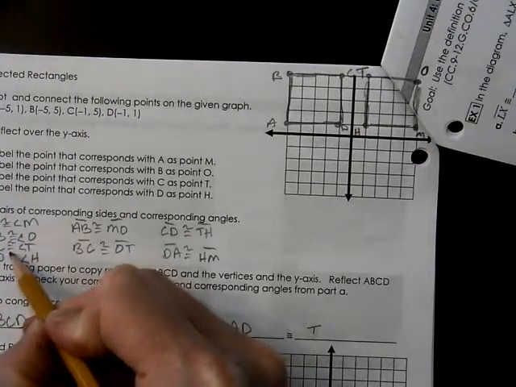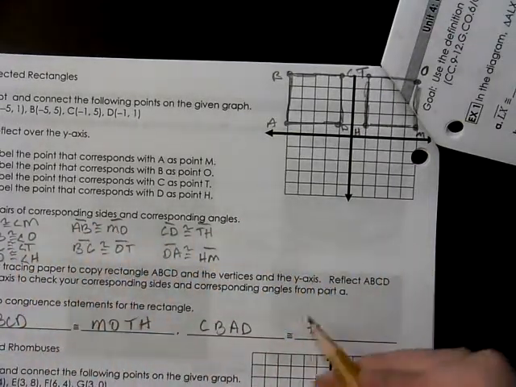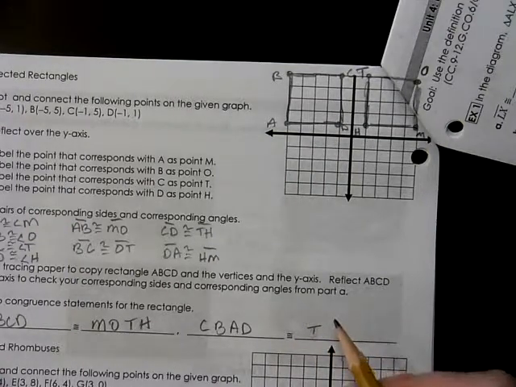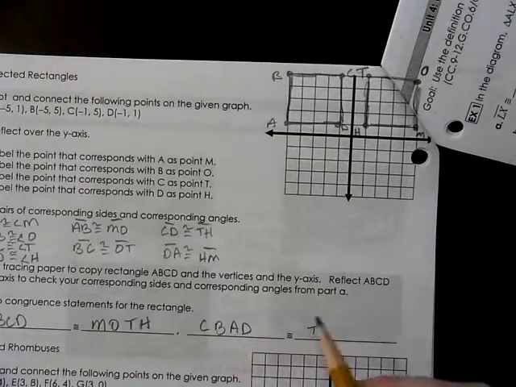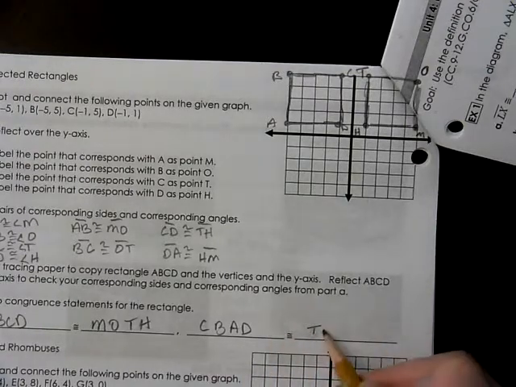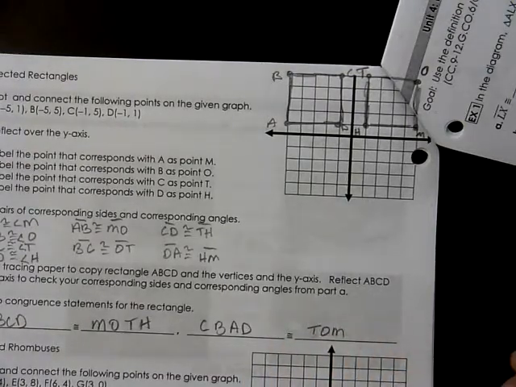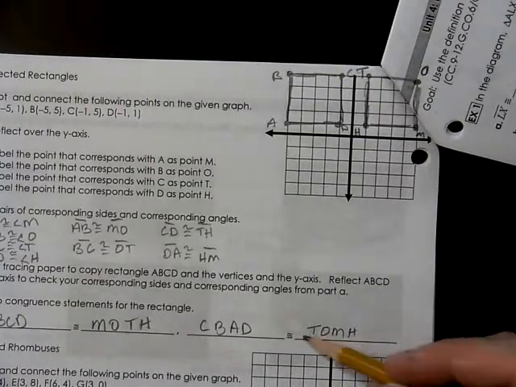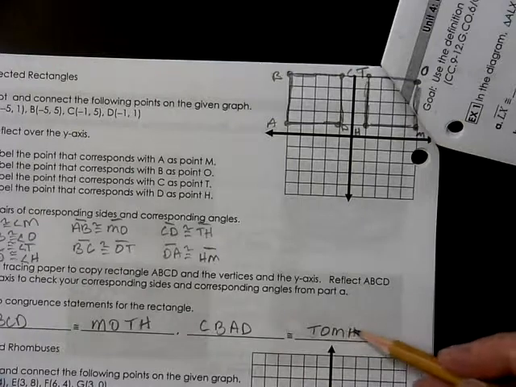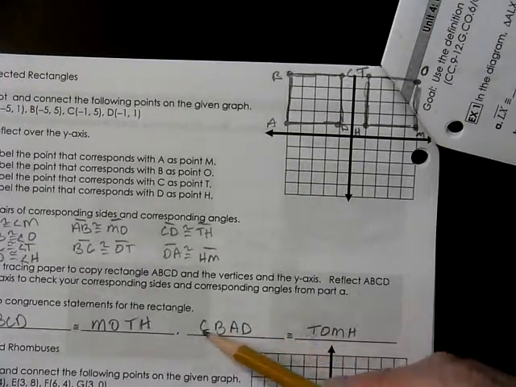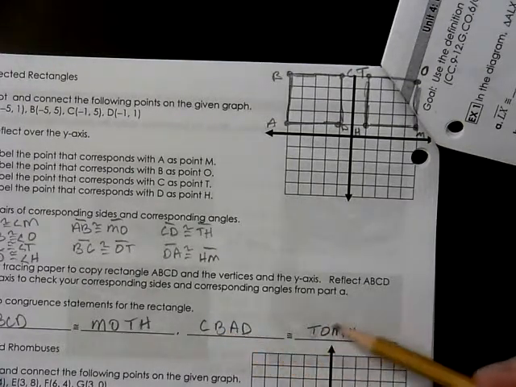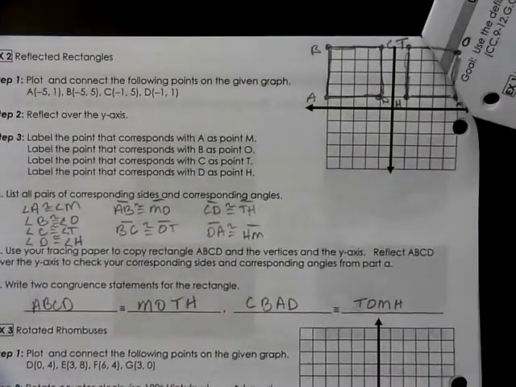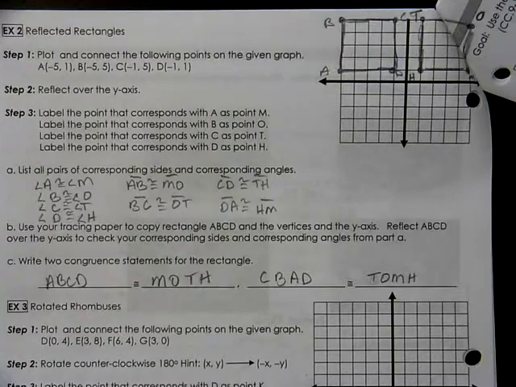Those are congruent. So T, that starts with our C. The B, then the A value, and then the D value. TOMH corresponds to the CBAD. That is a congruent statement.